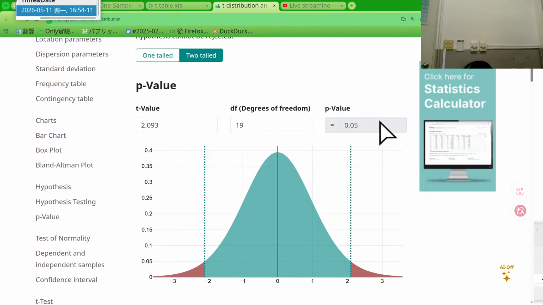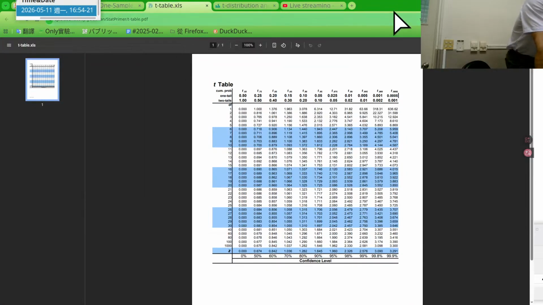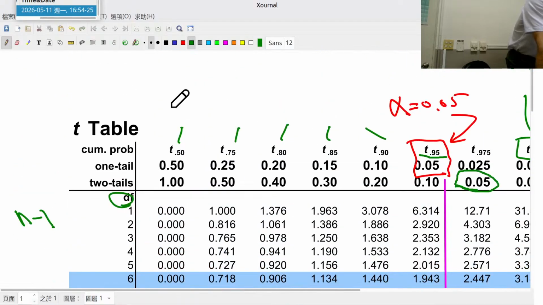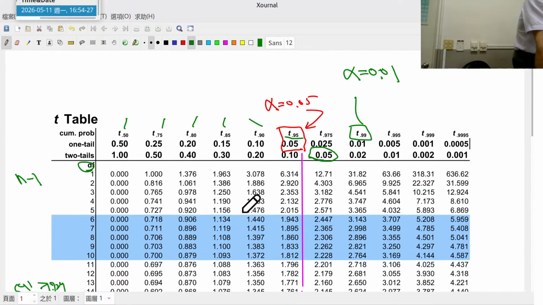Confused? Sure, next week I will review this question again. Again, how to use the t-table is a little bit different from our previous practice. First of all, check the degrees of freedom.